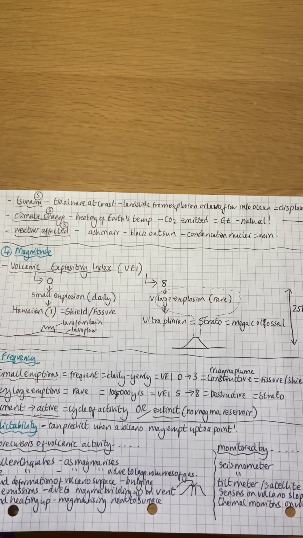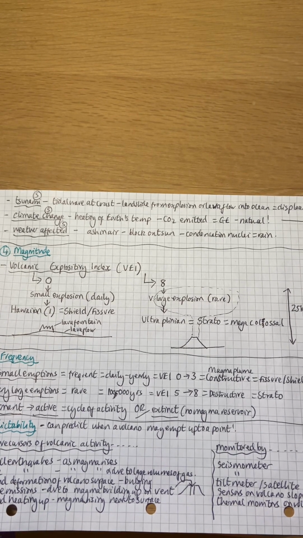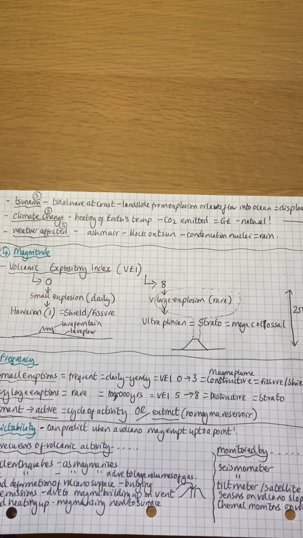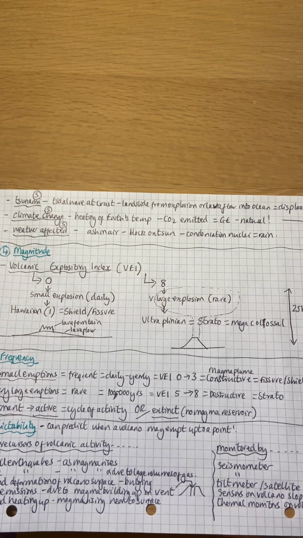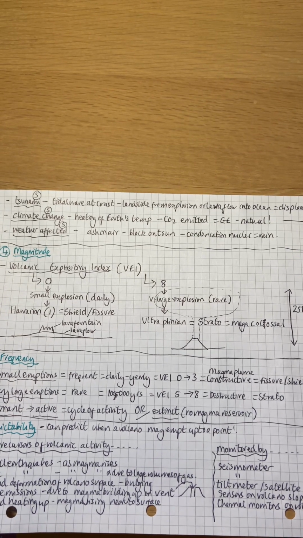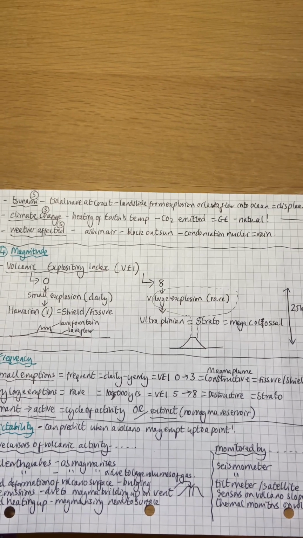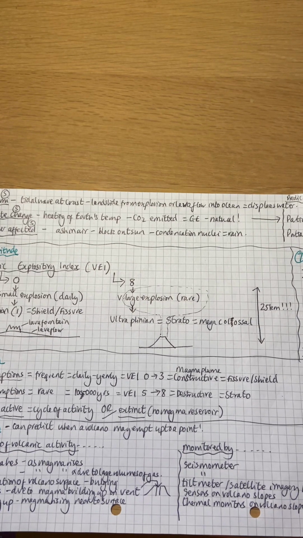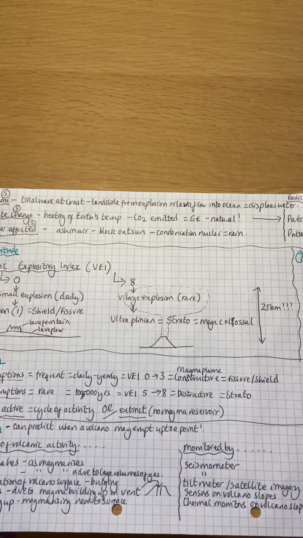Stratovolcanoes have the potential to be that explosive. Another classification there is that explosion will be called a megacolossal explosion. I've drawn you a little diagram there. So classic volcano with the vent, with a big pyroclastic explosion. And if I just shift the paper along a little bit, you've got that being 25 kilometers high potentially. So we're talking about a really, really big explosion. So thank goodness they're rare.